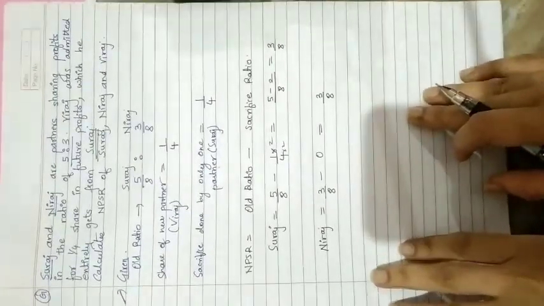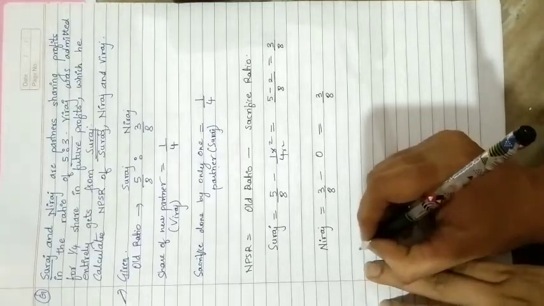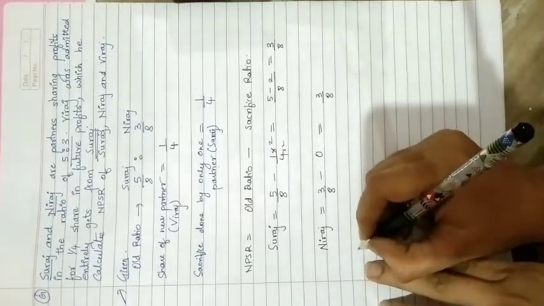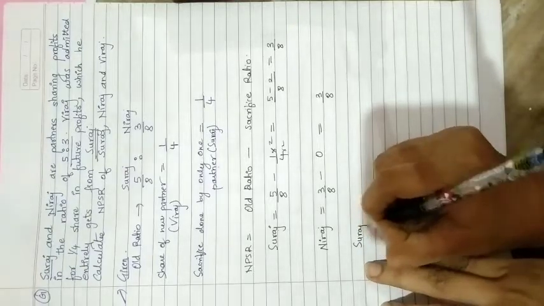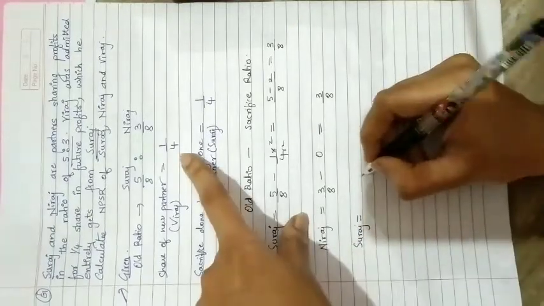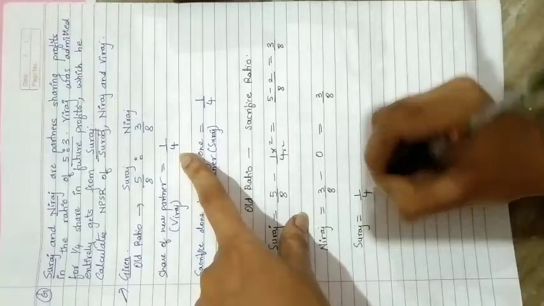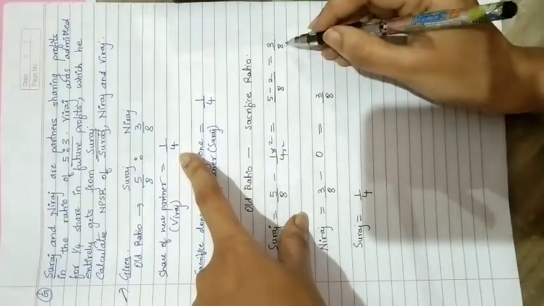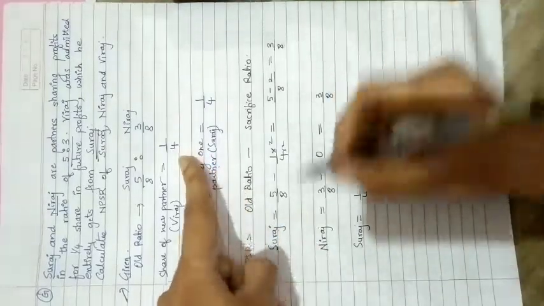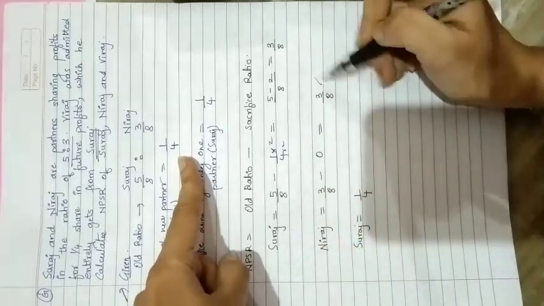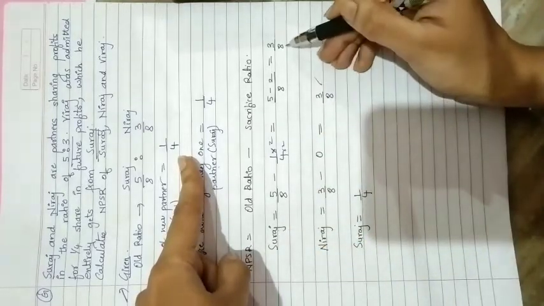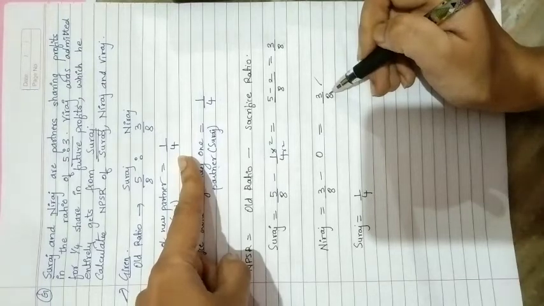Okay, then we have to calculate also for the new partner now, that is Viraj. Viraj is our new partner, because here the fraction was given as 1 upon 4, but if you see the denominator of these two old partners, the new profit sharing ratio of these old partners had 8 and 8 as the denominator.